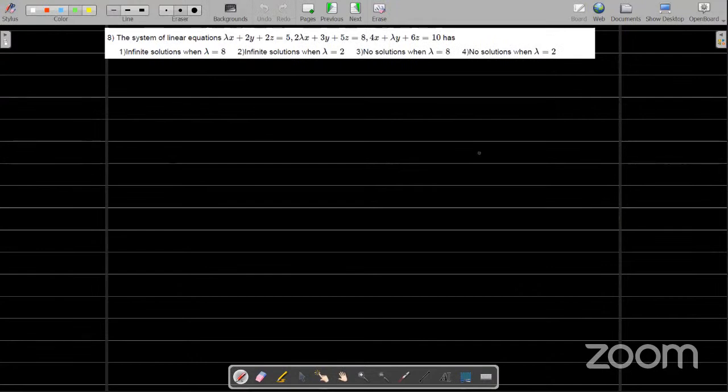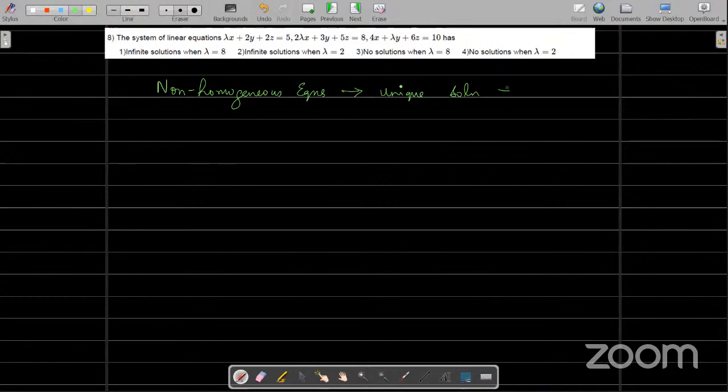The next one, okay, here is a system of linear equations. Now this is a set of non-homogeneous equations. To have a unique solution for the non-homogeneous equation, what should I do?